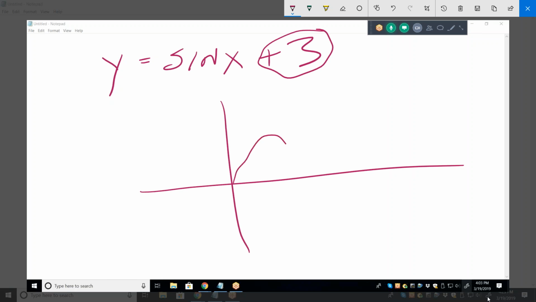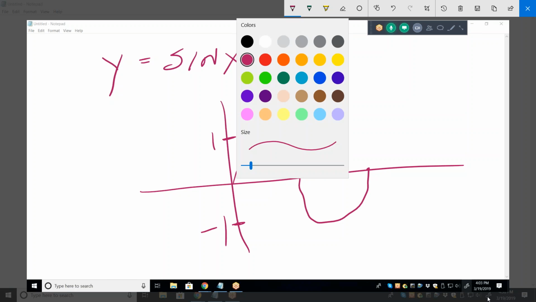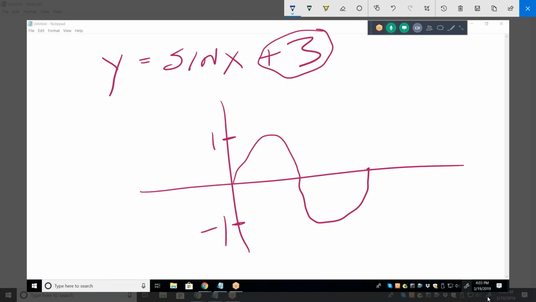And its up or down shift does not change the shape of the curve. So if that's 1 and this is -1, and I take this curve and move the whole thing up by 3 units, what I'm really doing is moving the line of symmetry up by 3 units.